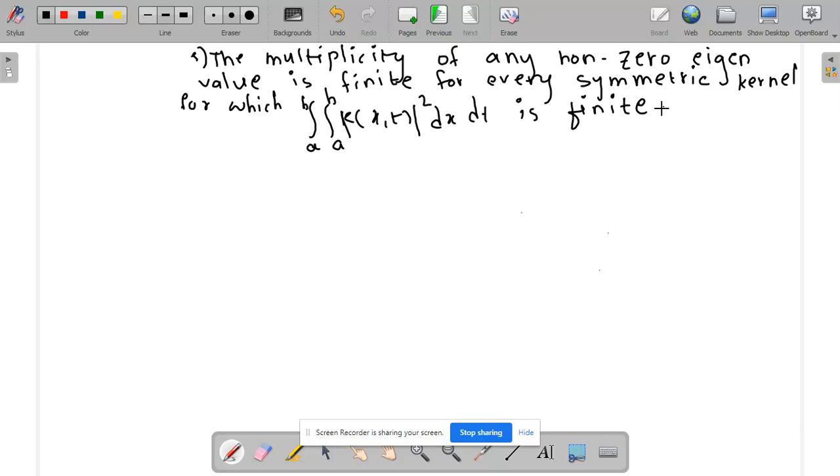So this property says that if this quantity is finite, then for every symmetric kernel, whatever eigenvalues we get, their multiplicity will be finite.